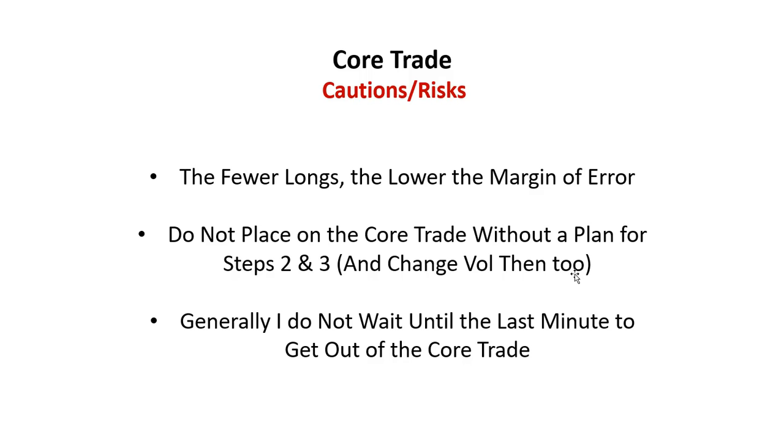Second of all, you do not place on a core trade without a plan for steps 2 and 3, and you go through that plan before it ever happens. All right, so you say, okay, and again, you can do this with PDS Trader. You can say, okay, what if I exit one of my shorts at a 50-cent profit? And you can put that into PDS Trader, and it will show you the new risk graph. And then you can say, okay, what if that happens and volatility drops?